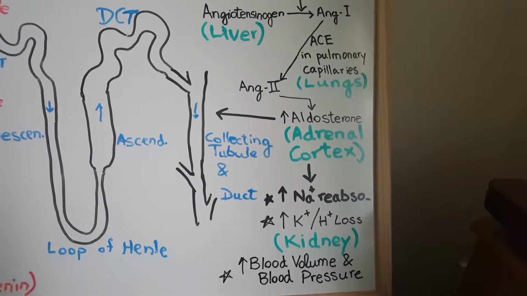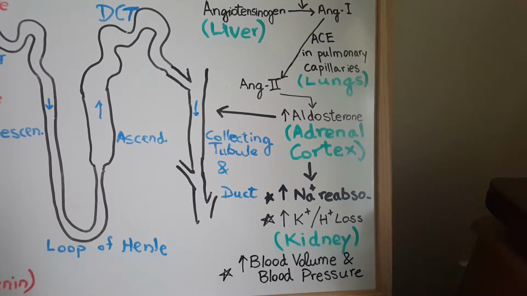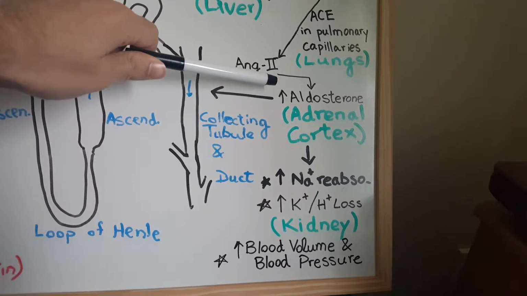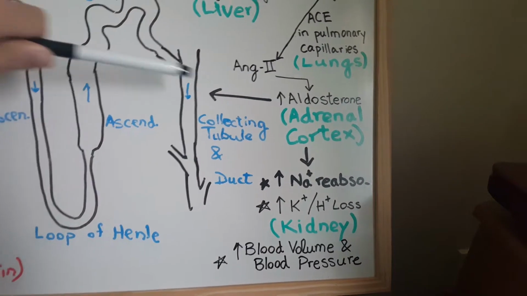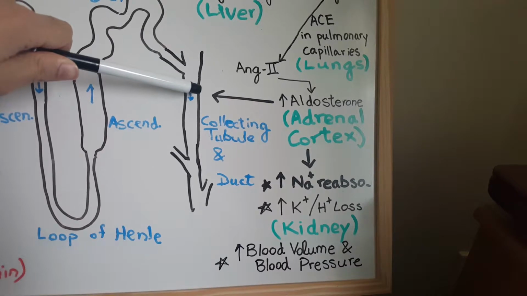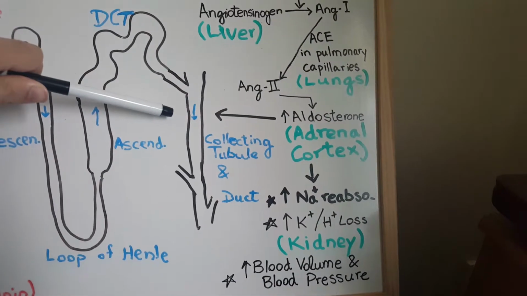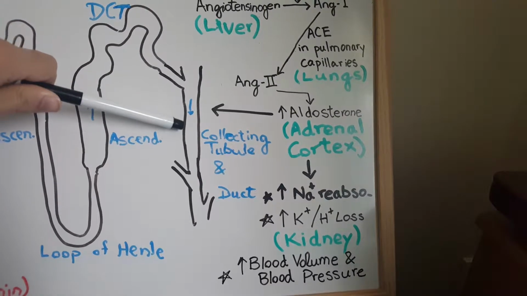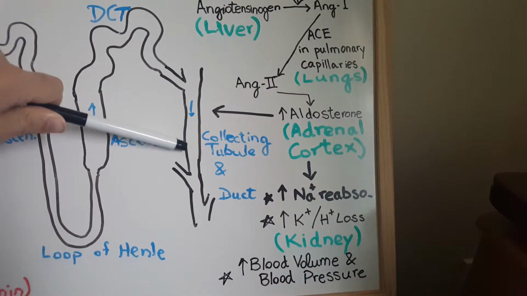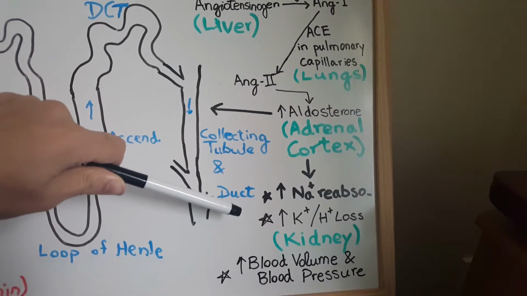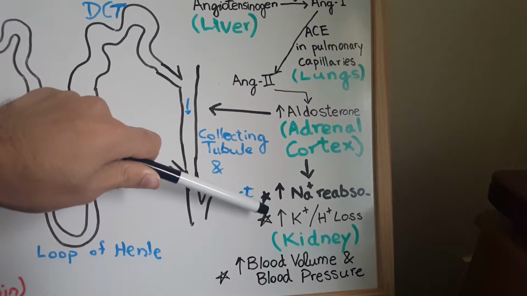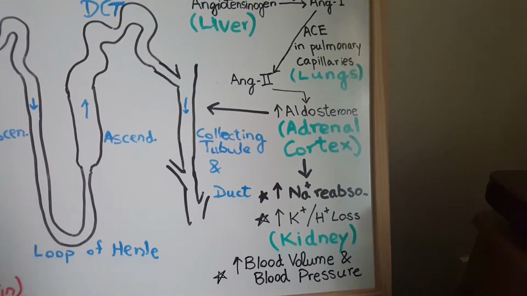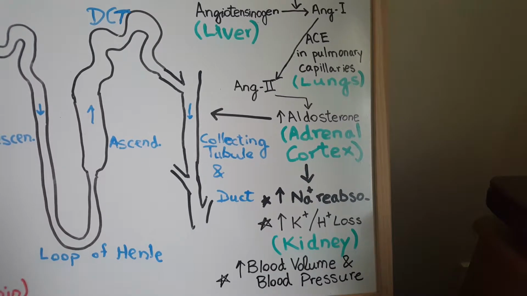Zona glomerulosa is the outermost part of the adrenal cortex. In response to increased aldosterone, there is increased sodium reabsorption from the collecting tubules and collecting ducts of nephrons. And increased sodium reabsorption results in increased water reabsorption as well.